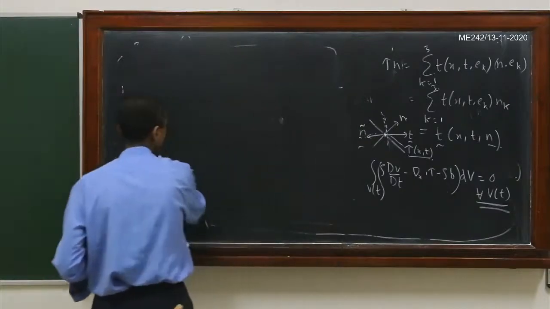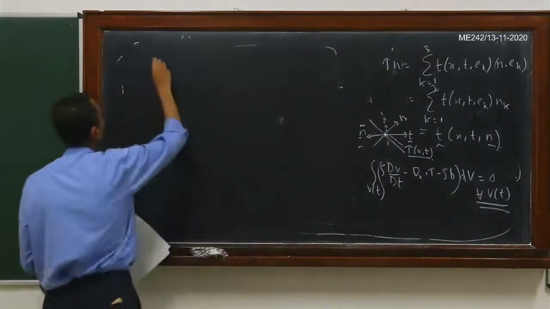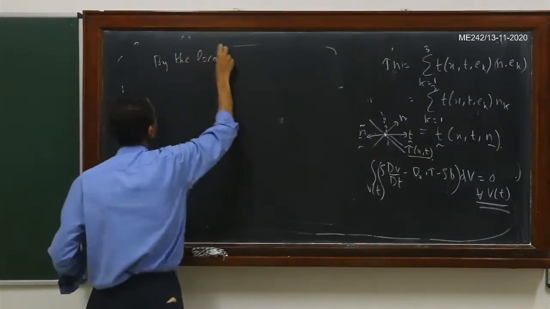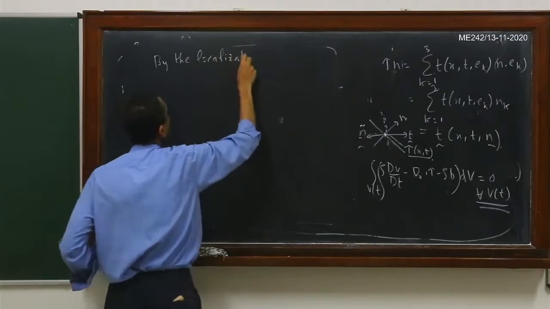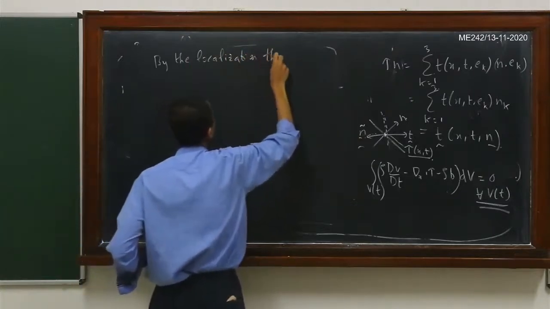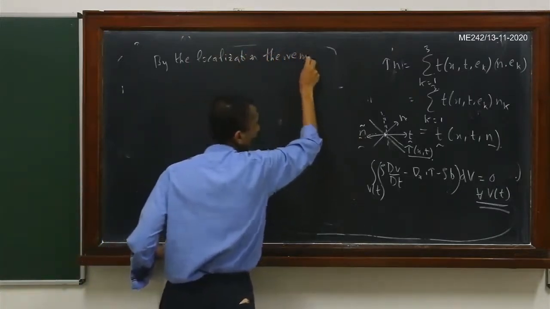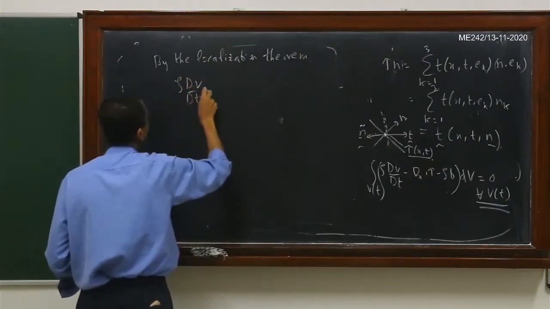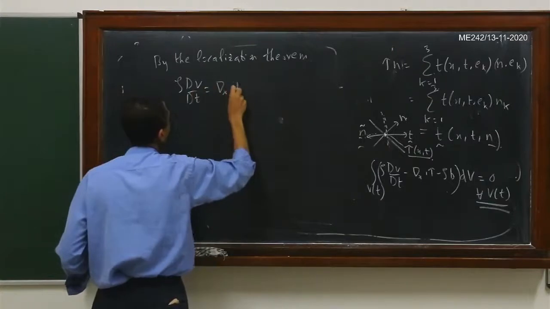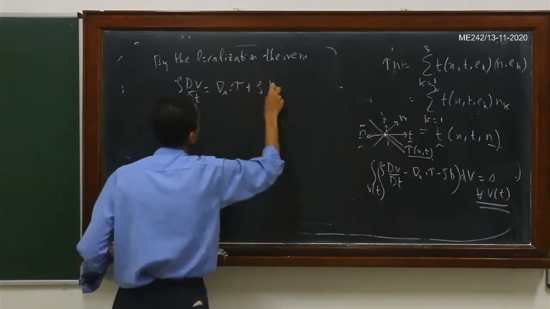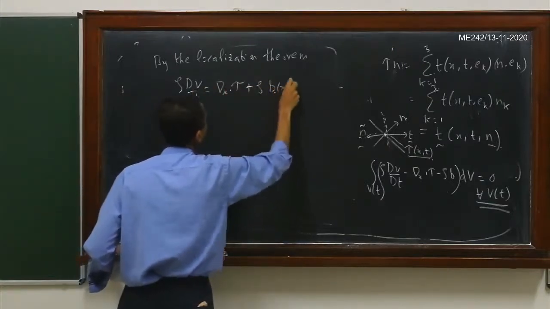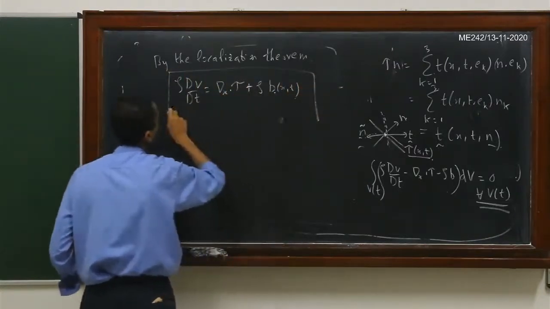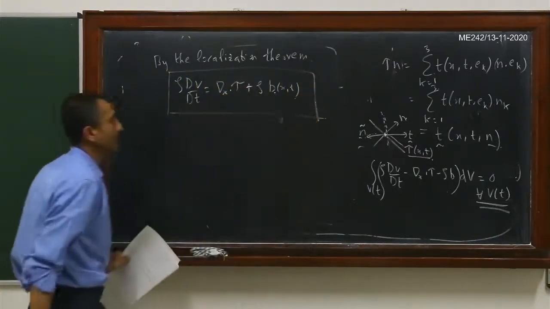So by the localization theorem, we will get that rho times dv/dt is equal to del dot tau plus rho b(x, t). So this is now the governing partial differential equation for the stress tensor, right?